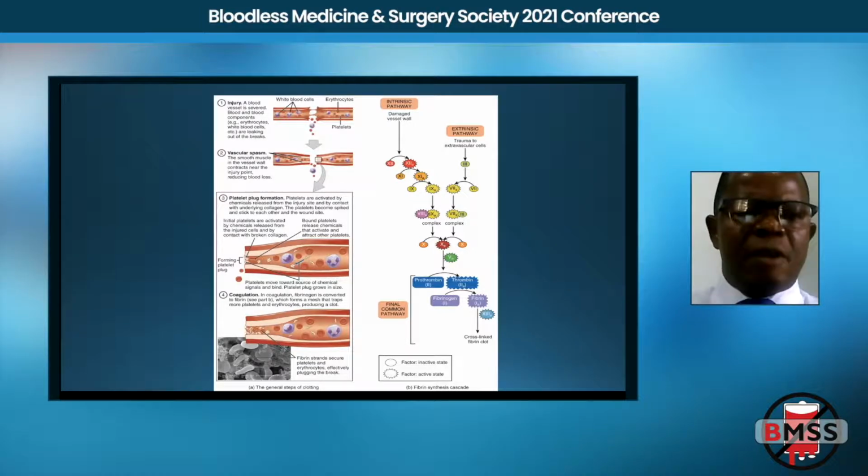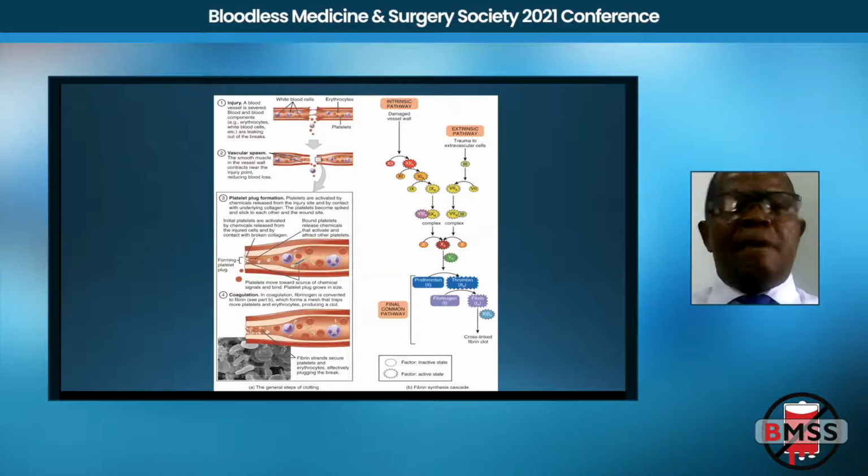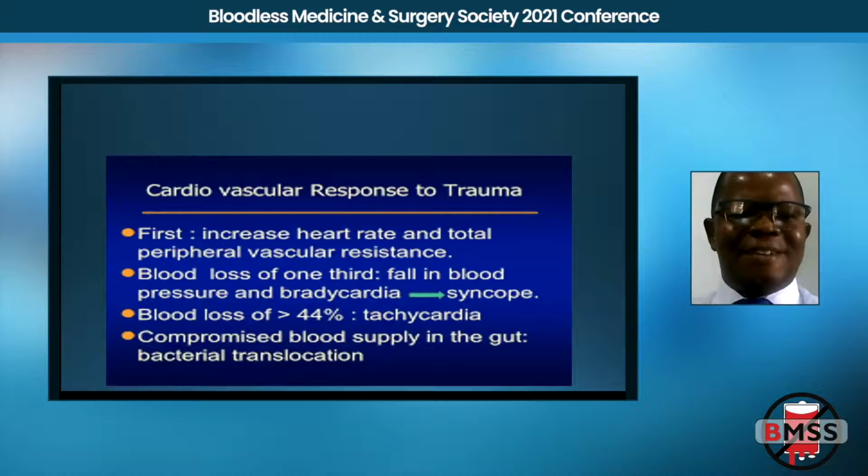In a vascular breach, the platelet plug is the primary thing that occurs in order to stop bleeding. But there is something that precedes that, and that's the vascular spasm that narrows the vessel just to reduce hemorrhage. The body also responds by increasing the heart rate.